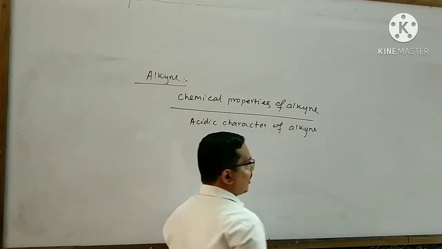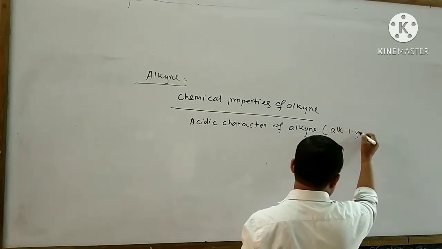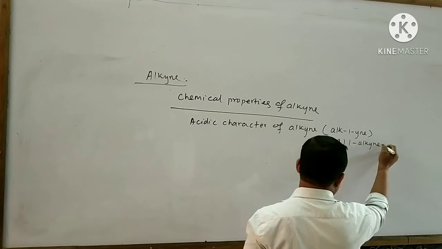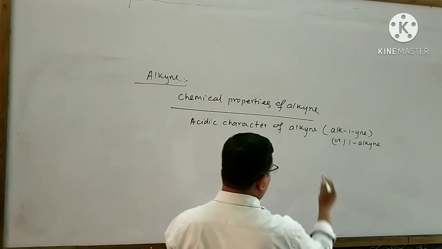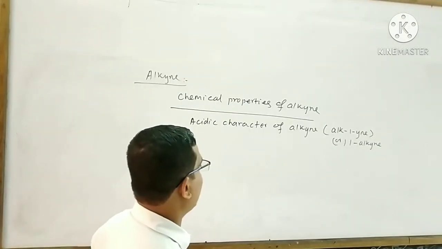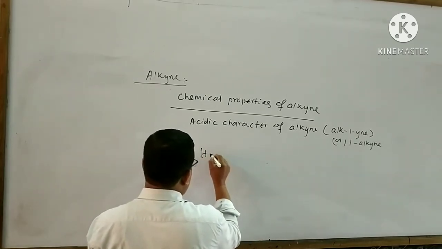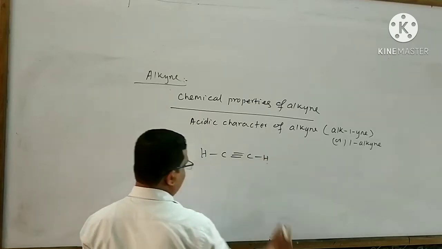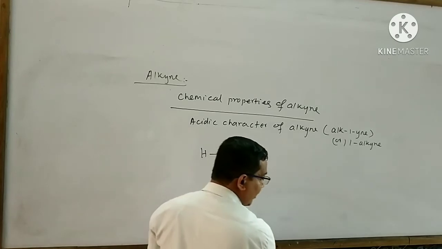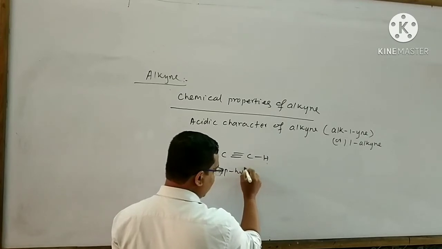Basically I will think about the acidic character of 1-alkyne, that means a triple bond must be present between carbon atom 1 and carbon atom 2. Take an example of a 1-alkyne, that is acetylene. This is an example of acetylene. The carbon bonded by a triple bond shows sp hybridization.